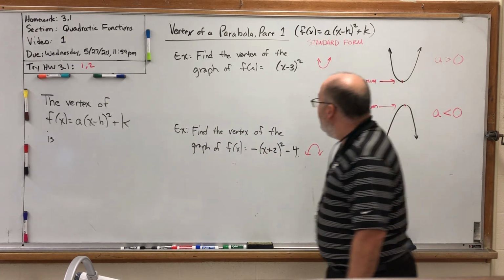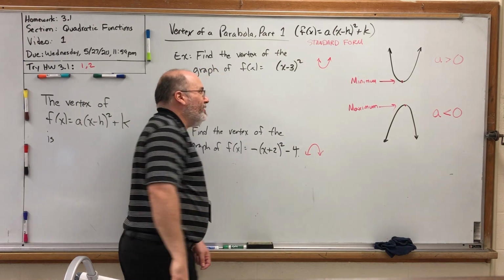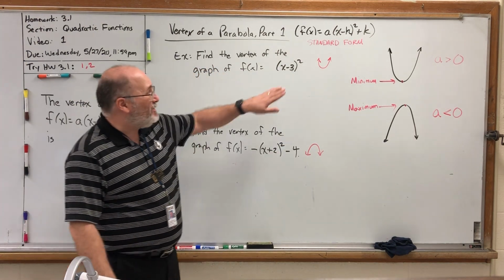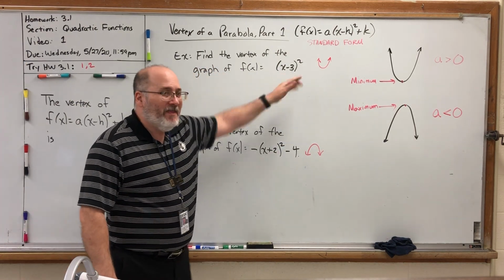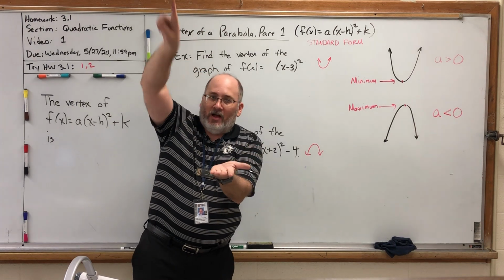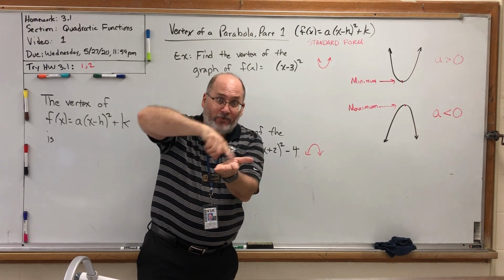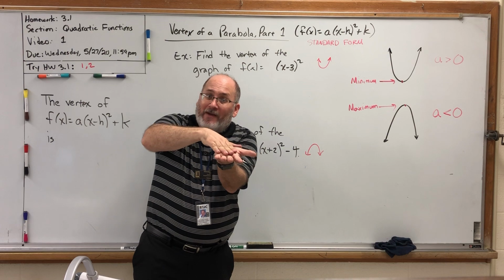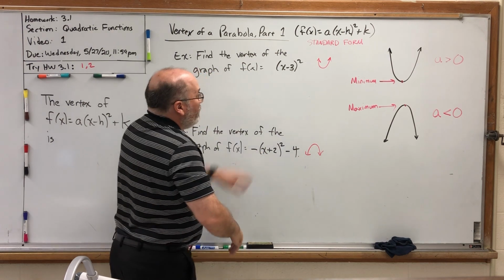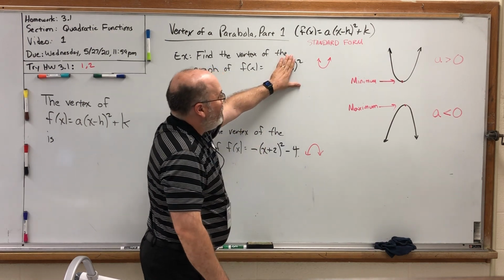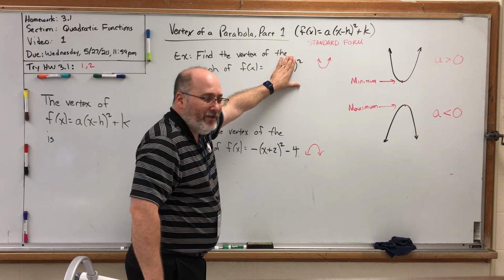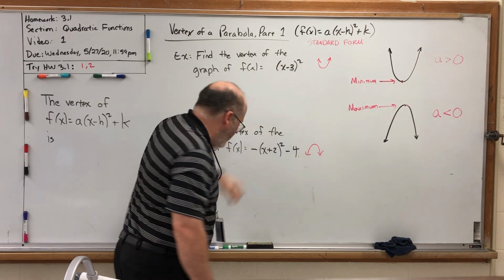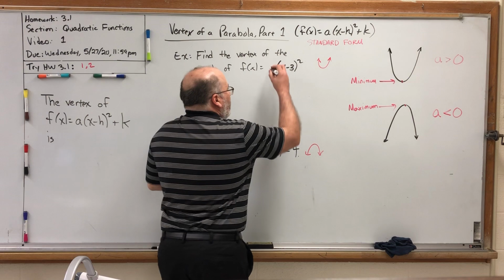Yeah. If this parentheses can end up equaling 0, that's the smallest value I can make it. Think about the parabola that sits on the origin, f of x equals x squared. The smallest value it can obtain is 0. So it doesn't really matter what's inside of there. The smallest value I can get from squaring something is 0. Let me bring in the 2 and the plus 1.